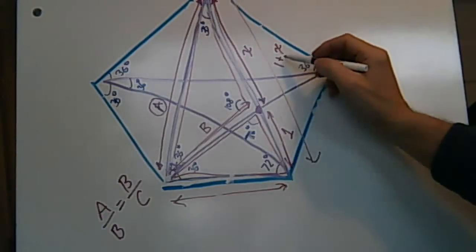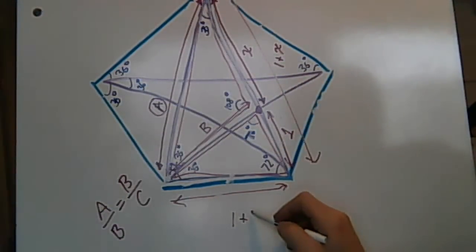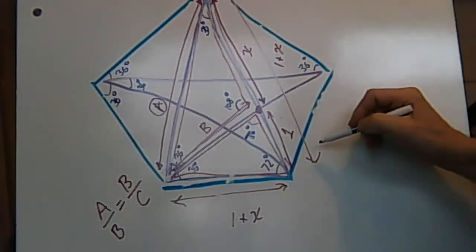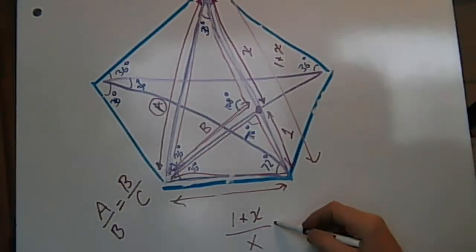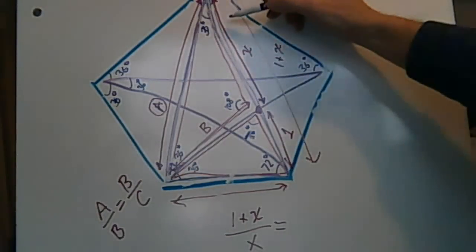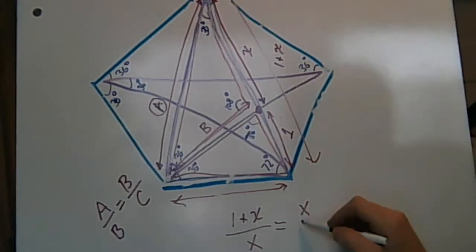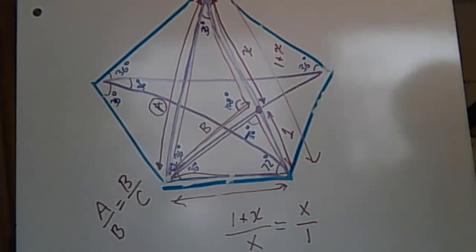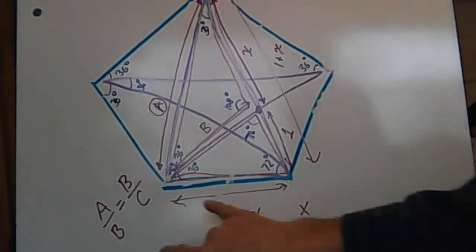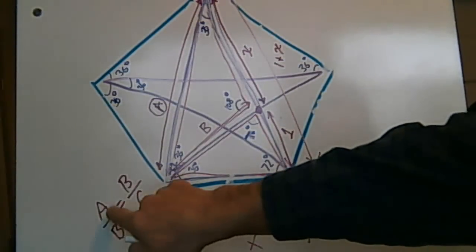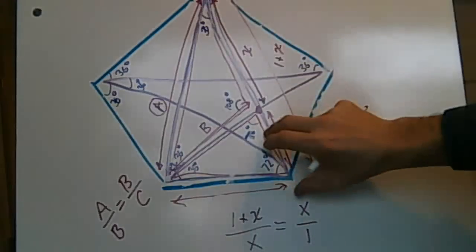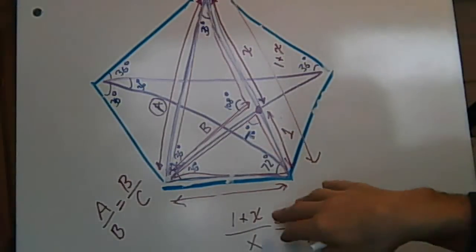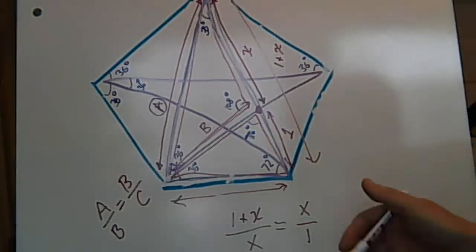Now the formula that I had was that the ratio of 1 plus x, that's the entire length, to the larger of the two, which is x, is equal to the ratio of x to 1. And that's the exact same as what I have over here, which is to say that the original length of the line to the larger side is the ratio of the larger to the smaller. But here I'm doing it in a way where I can just solve for what is the ratio between these.